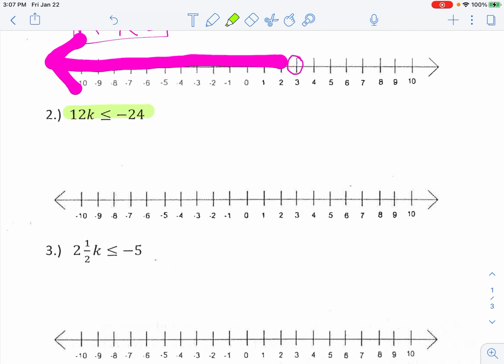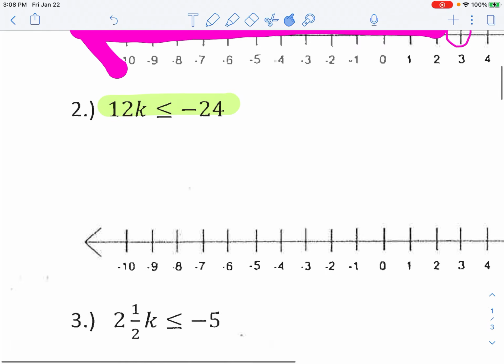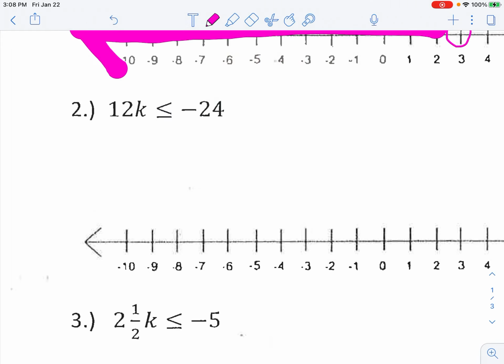Looking at number 2, 12 times what is less than or equal to -4? Our variable is on the left, so we can go ahead and start solving. So I'm going to draw my mirror.